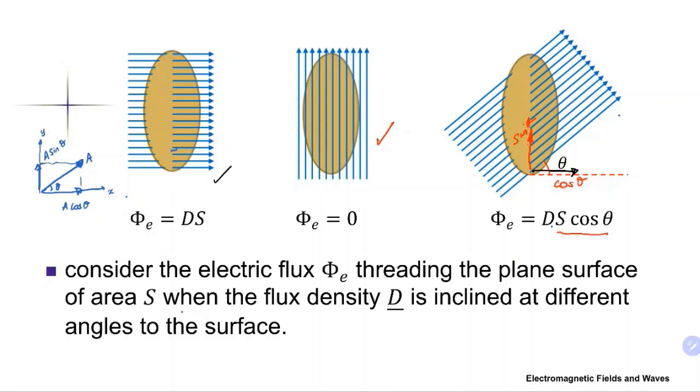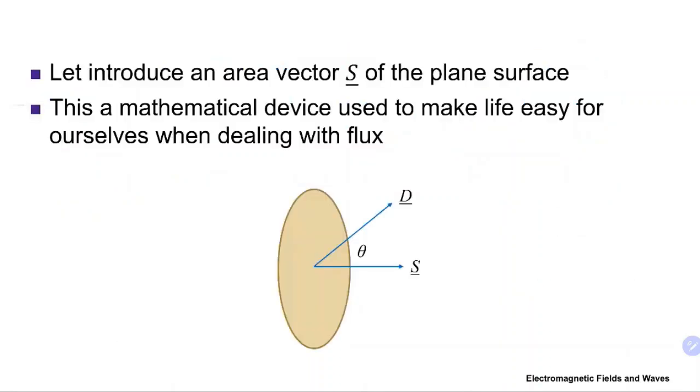So to make this easier, it will be good if we can define a new vector. If we define something called a surface vector S, so my surface, I define a vector that I call S that has the surface area times a unit vector which is normal to that surface.